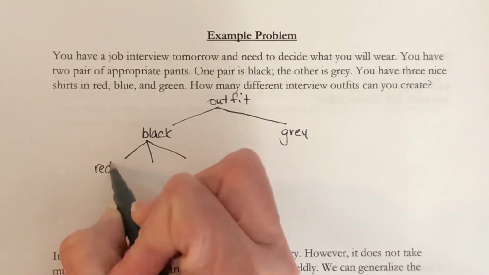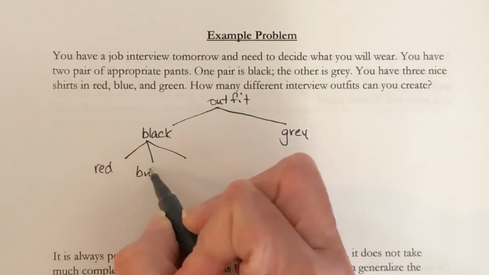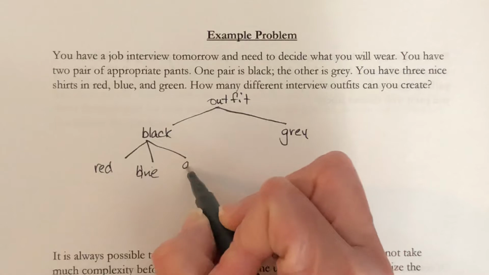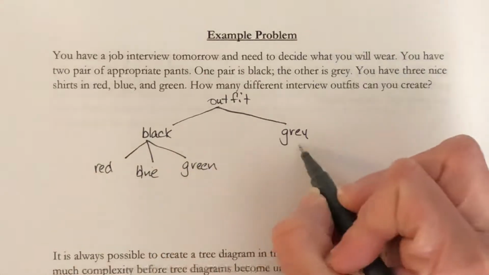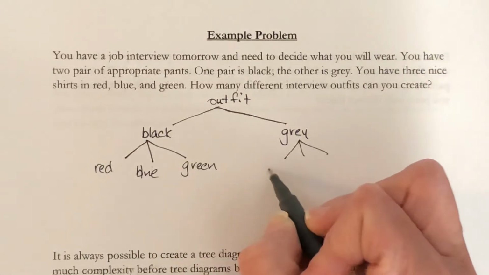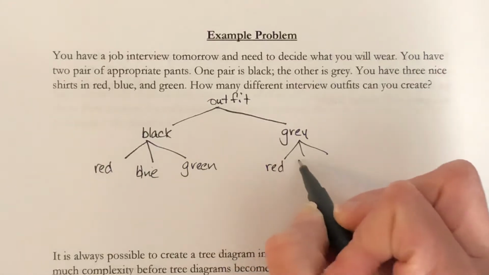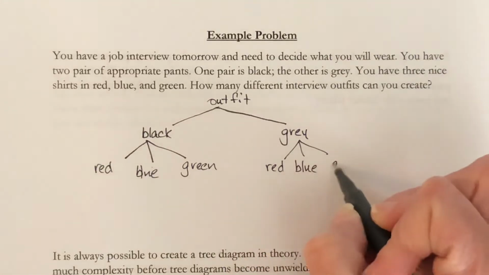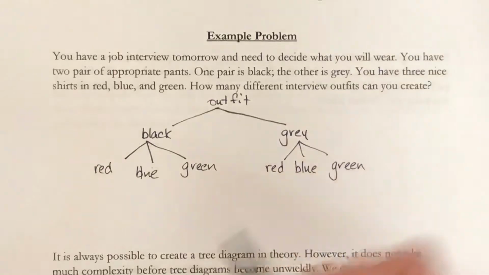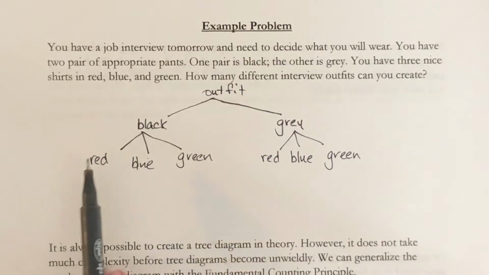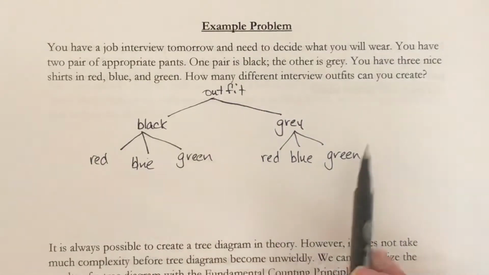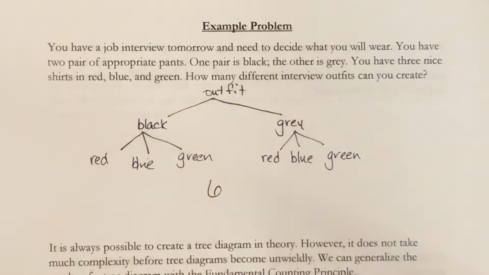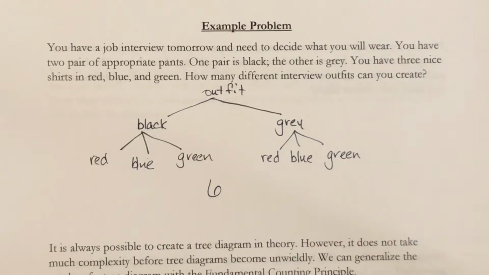You can have red, you can have blue, and you can have green. And with gray pants, you can also have red, blue, and green. So how many different ways can you do it overall? 1, 2, 3, 4, 5, 6. You have 6 different outfits you can choose from.